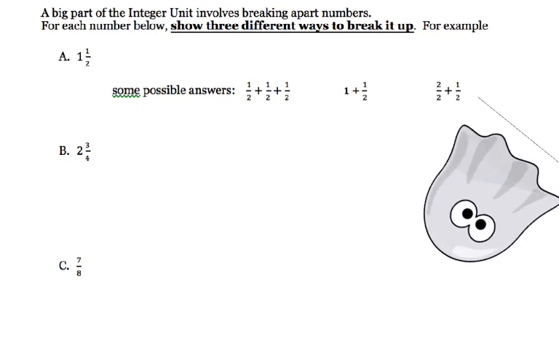Stop it. Alright, well for this one, you don't need too much of me anyway, because you're coming up with your own ways to break these numbers apart. So, 2 3/4, you could think of that as 2 wholes and 3/4. You could think of each whole as being 4/4, and you could have written this expression.